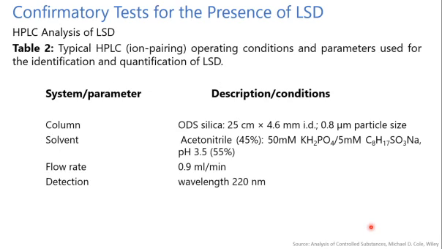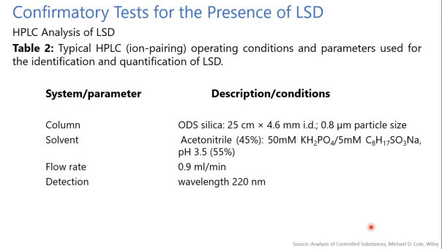Then table number 2 shows the typical HPLC with the ion pairing system conditions and parameters used for the identification and quantification of the LSD. The system parameters: column, an ODS silica column having 25 centimeter length, 4.6 mm ID and 5 micron particle size.